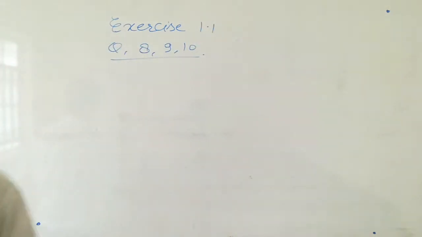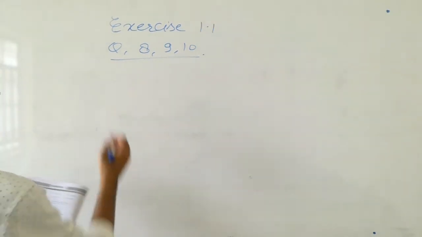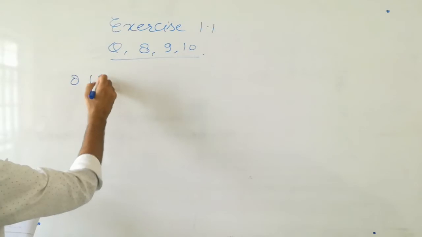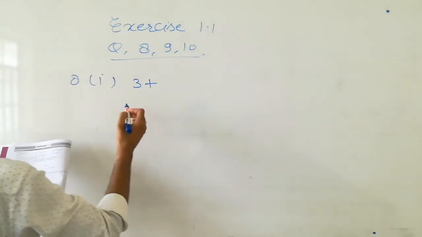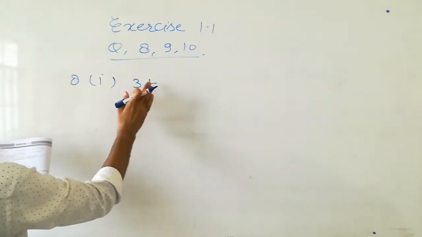First question is question number 8 from the textbook. Question 8 is: find the value of 3 plus... wait. Question 8 is not this.